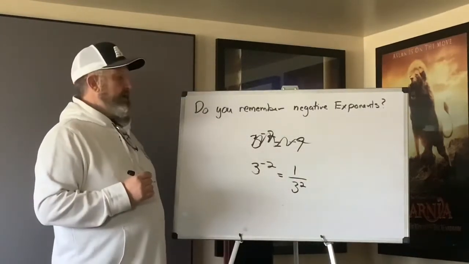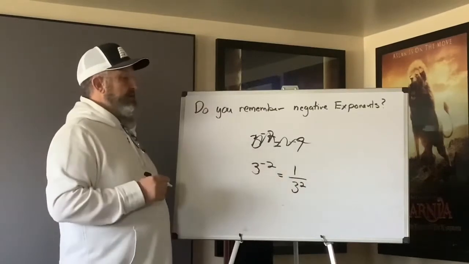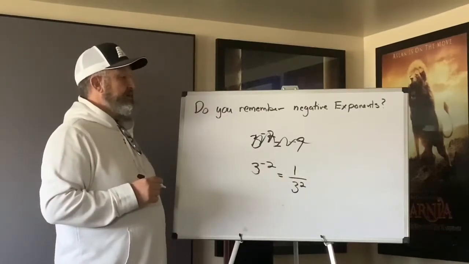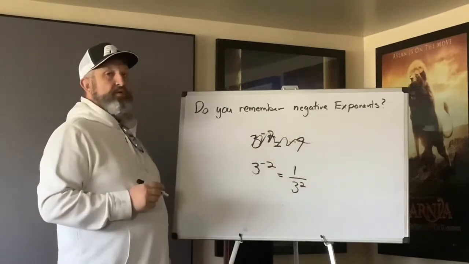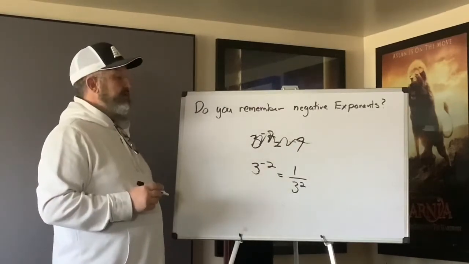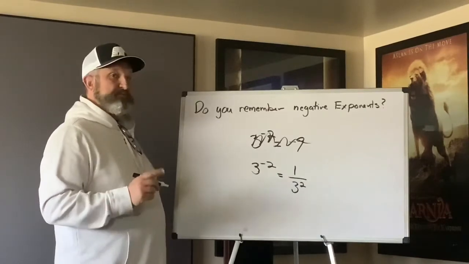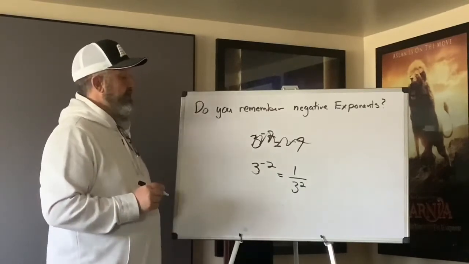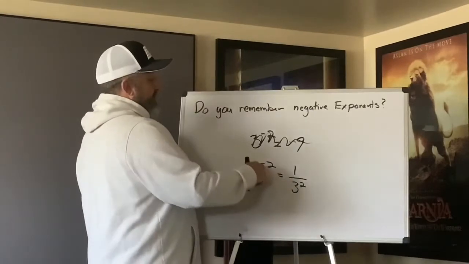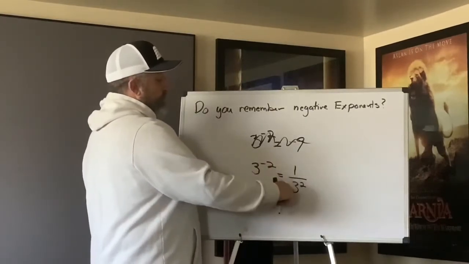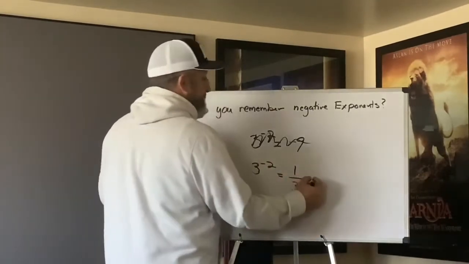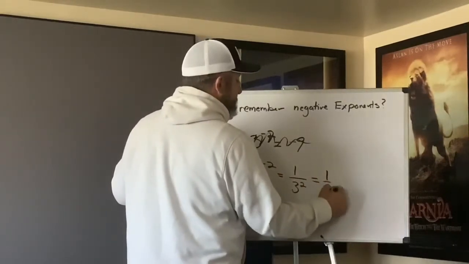Now that's a little bit of a hard concept to see. Back in the day, I went through a whole logic of why that's true. And maybe I'll do that logic one more time, especially for some of you parents that are watching out there. But anyway, the negative exponent, put it down in the bottom. So then 3 to the negative 2 is 1/9.